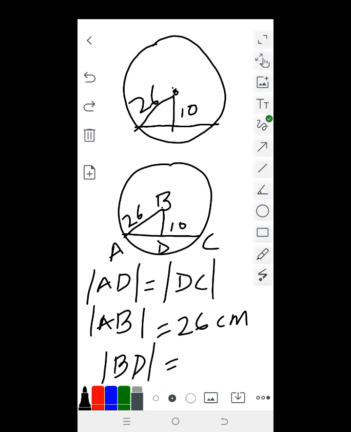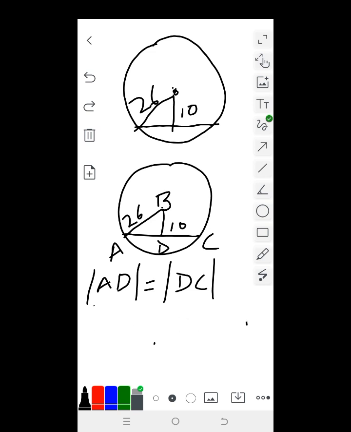Okay, then we also know from the question that line BD, which is the distance from the center of the circle to this chord, is 10 centimeters. These are the two parameters that were given, and we already know AD is equal to DC.